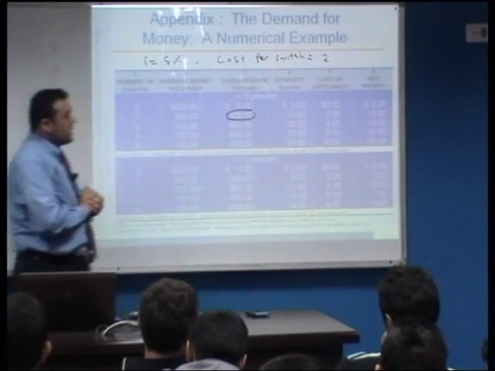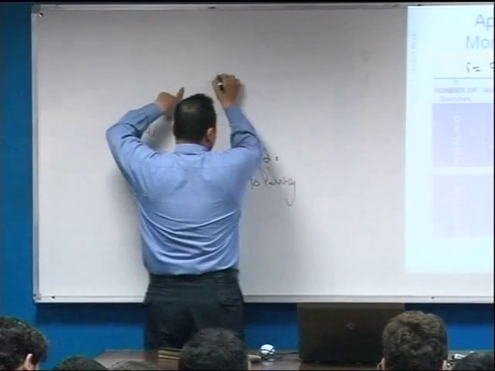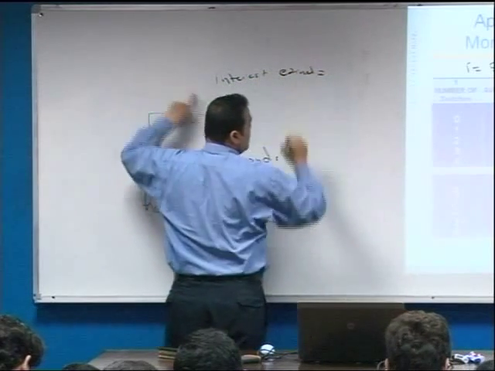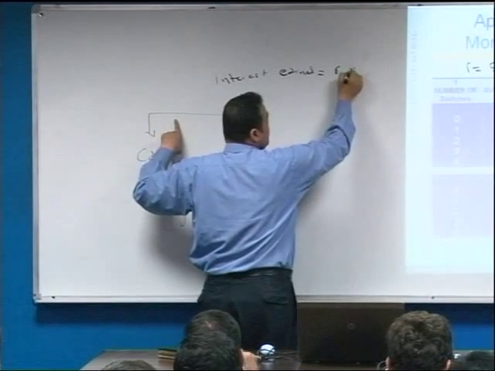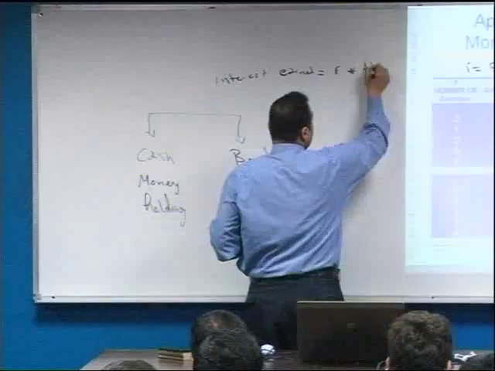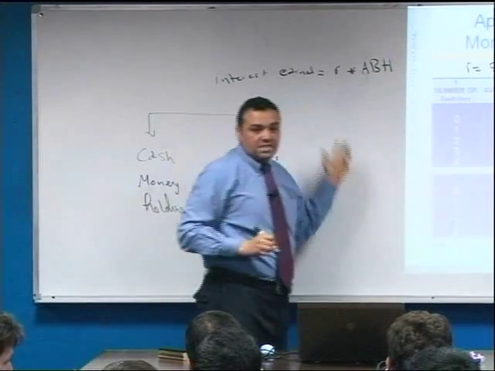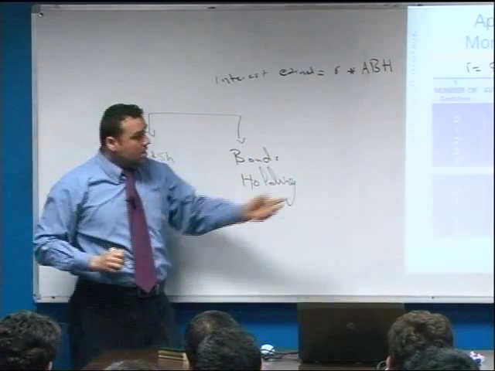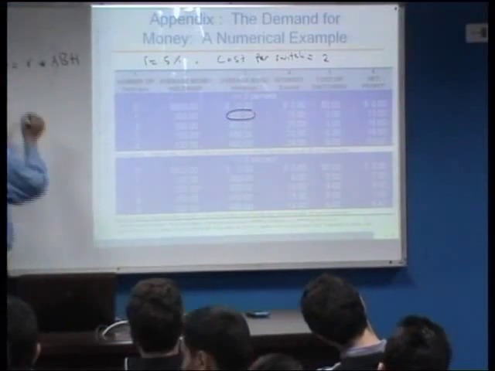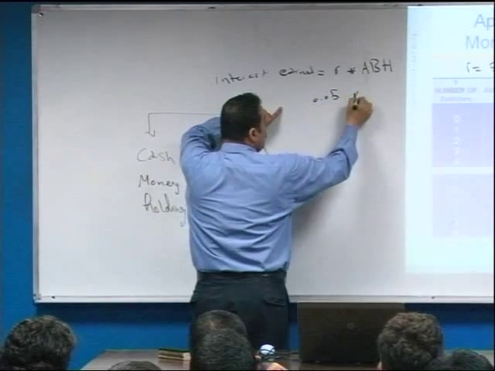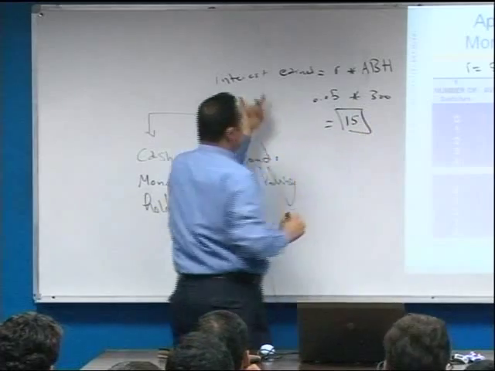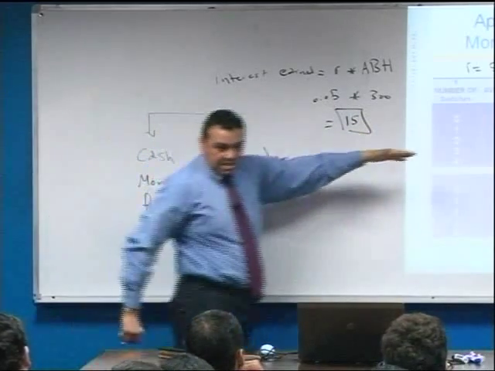So the interest earned equals the interest rate times the average bond holding. So they will receive 5% times 300, which equals how much? 15. This is the interest earned for the first case, right?